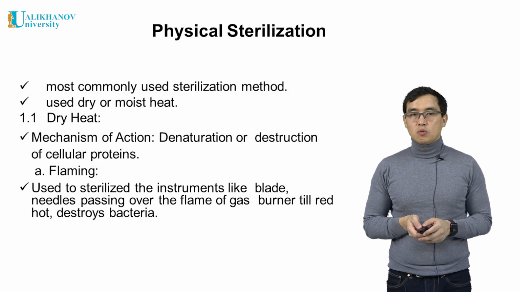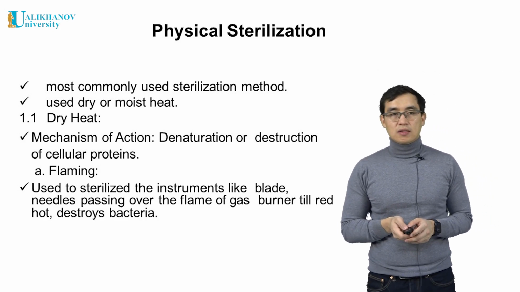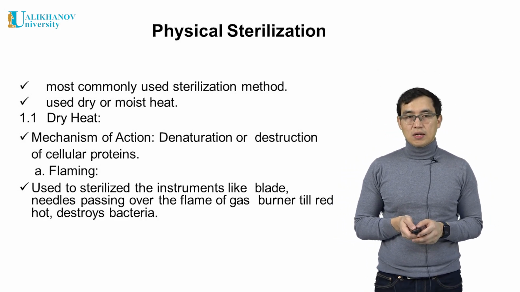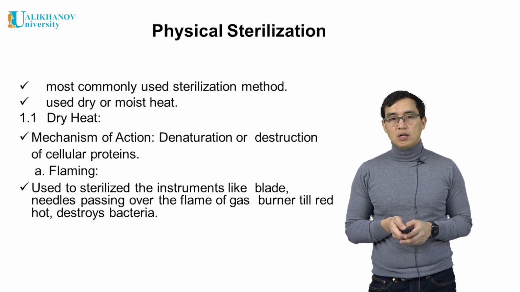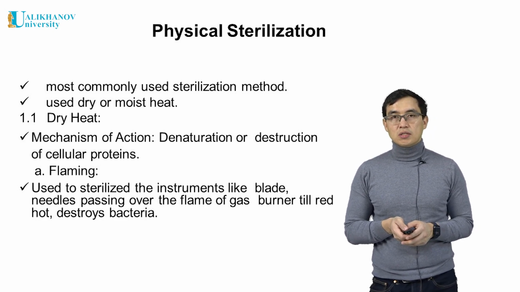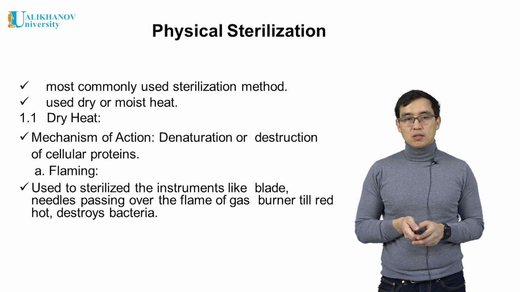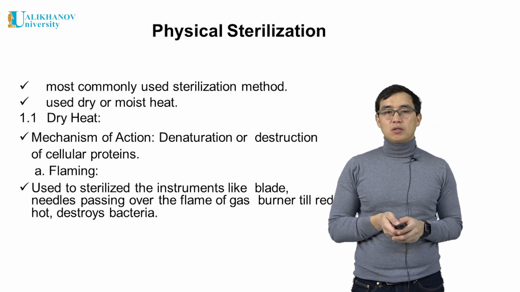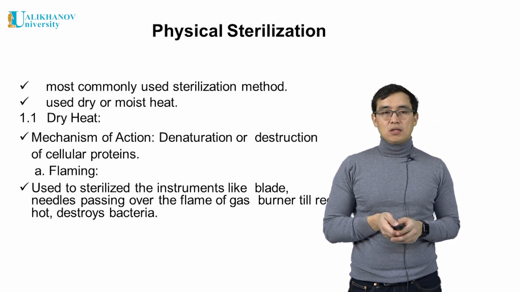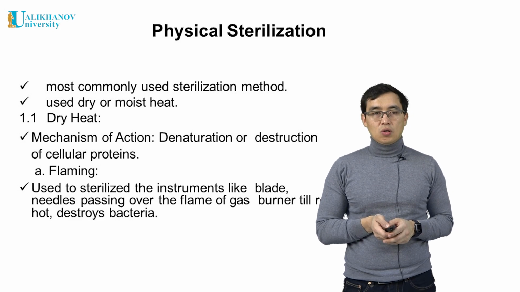Physical sterilization is the most commonly used method, using dry or moist heat. Dry heat's mechanism of action is denaturation or destruction of cellular proteins. Flaming is used to sterilize instruments like blades and needles, passing them over the flame of a gas burner until red hot, which destroys bacteria.